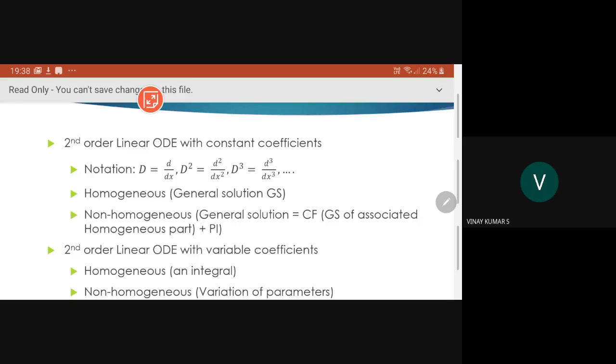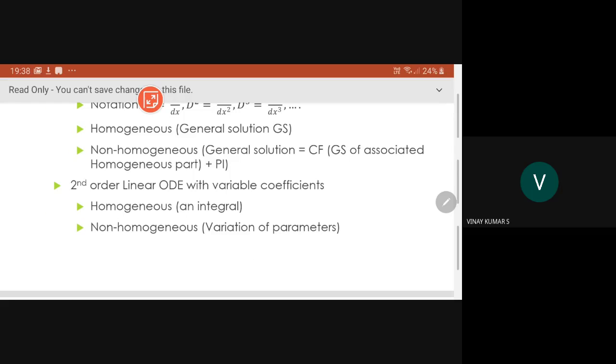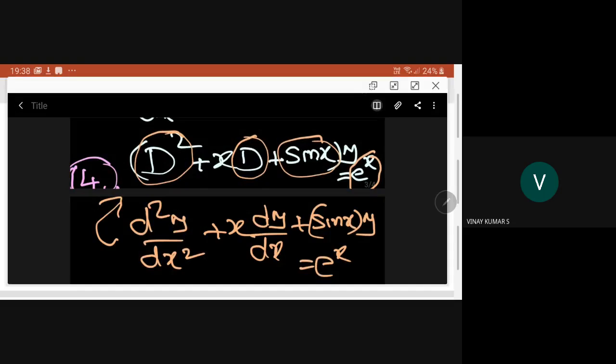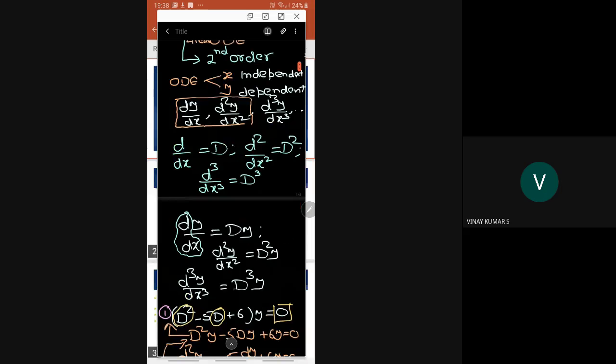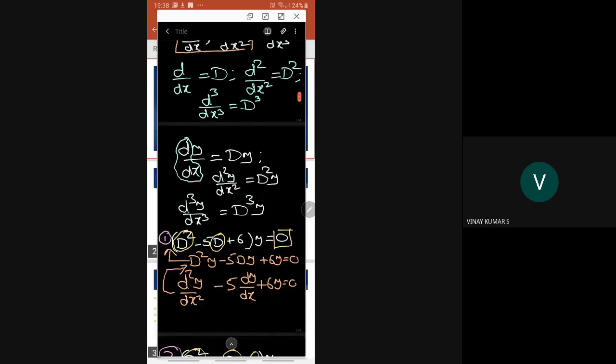So when it comes to homogeneous, the general solution of the homogeneous equation and the general solution of the non-homogeneous equation are there. And with variable quotients, you have homogeneous and non-homogeneous also. We have seen all those things using examples here. Those 4 cases we are about to discuss.